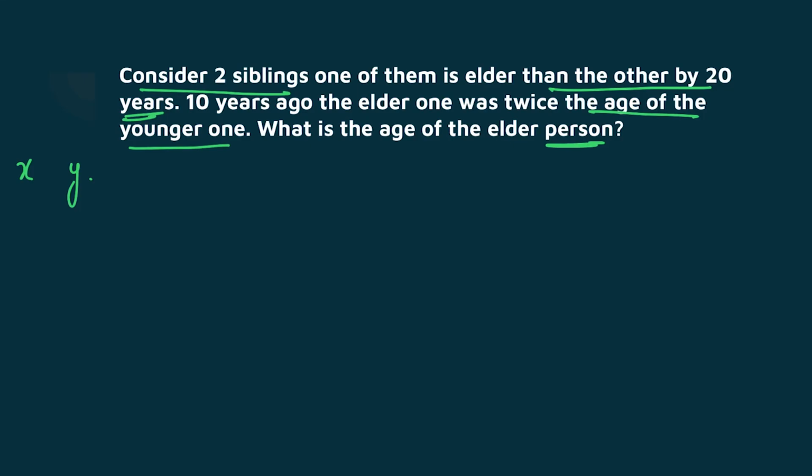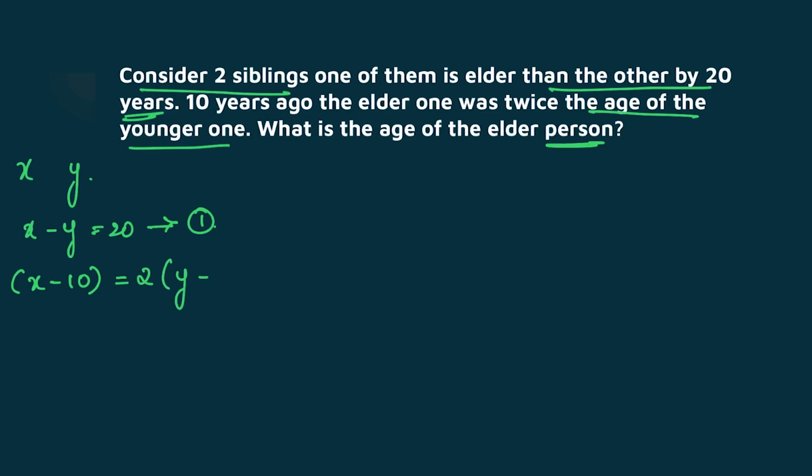It is given that one of them is elder than the other by 20 years. So, that is x minus y is equal to 20. Let's take this as the first equation. And 10 years ago, the elder one was twice the age of the younger one. So the elder one is x, and 10 years ago he was twice the age of the younger one.